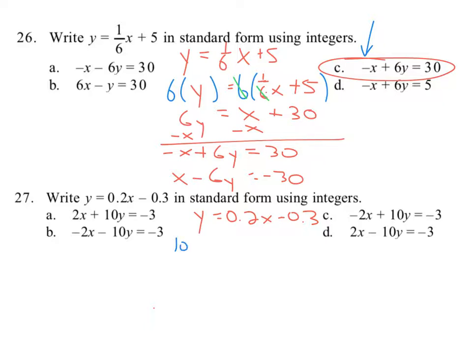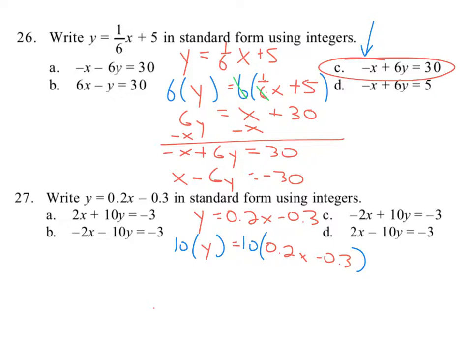So we're going to say 10 parentheses y equals 10 parentheses 0.2x minus 0.3.